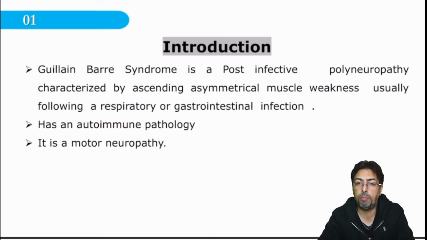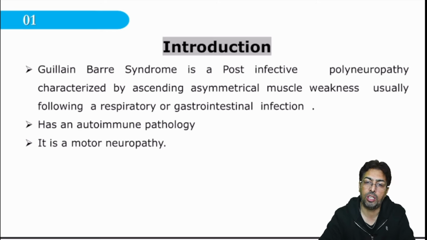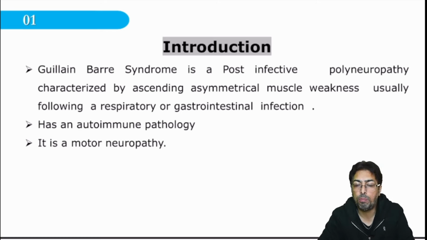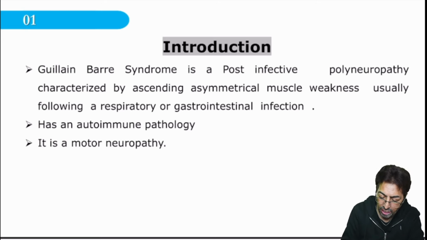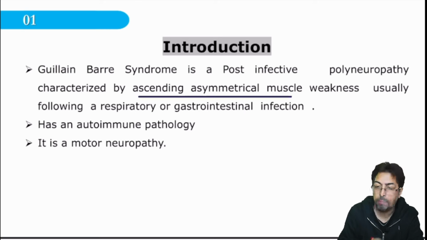Now you have to remember classically that it is a disease which usually follows a GI or a respiratory infection. So there is a trigger point, and the trigger point is a GI or a respiratory disease, and after that the classical entity follows, and this classical entity is the presence of ascending muscle weakness.